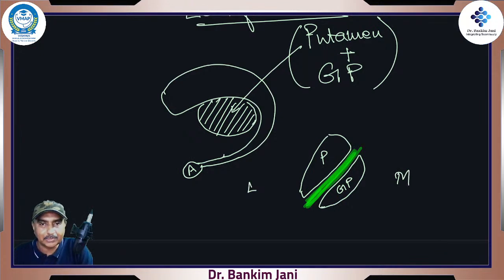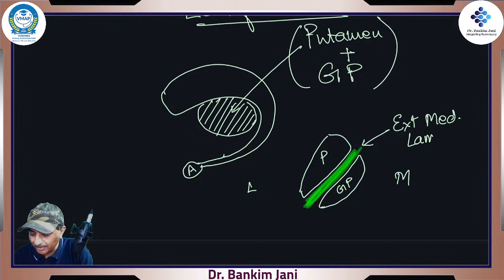So putamen is separated from globus pallidus, and this is what is called the external medullary lamina, which is just in between.